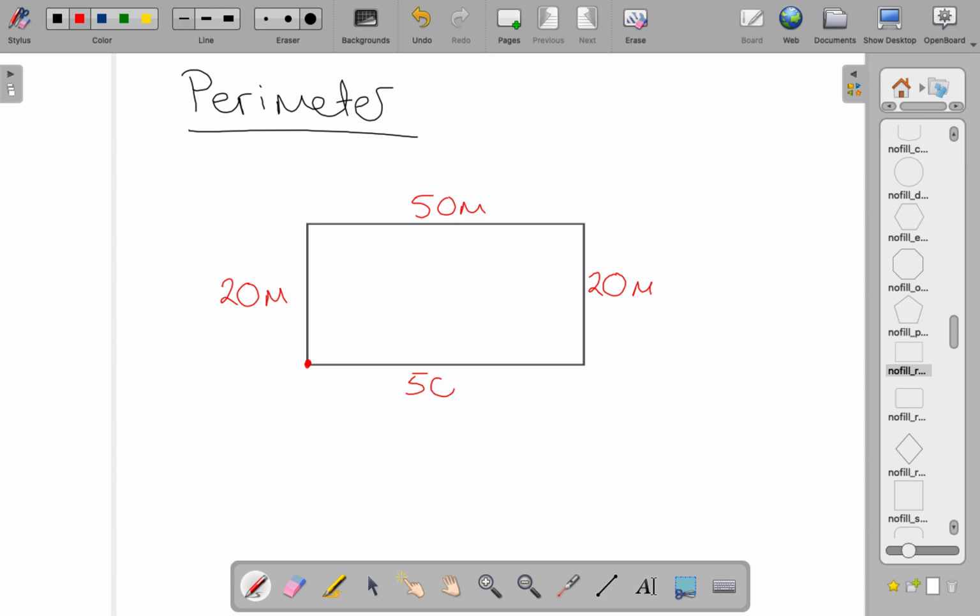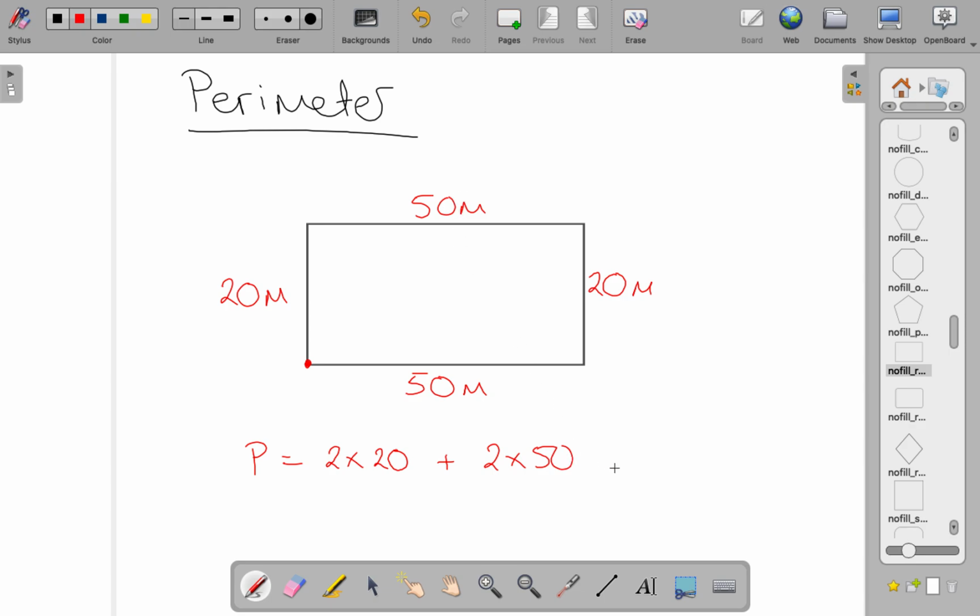When you're doing perimeter questions, I like to write the distances on each side of the shape. Now I can say the perimeter is equal to 20 plus 50 plus 20 plus 50. But what I'm going to do is say it's equal to 2 times 20, because there's two lengths of 20, one here and one here, plus 2 times 50, because there's two lengths of 50.